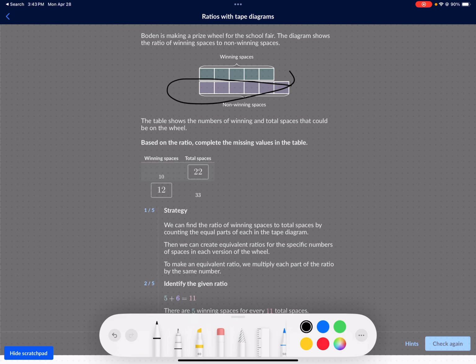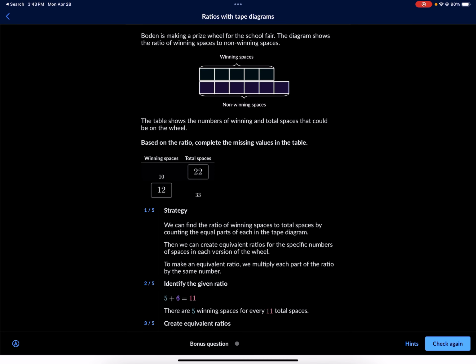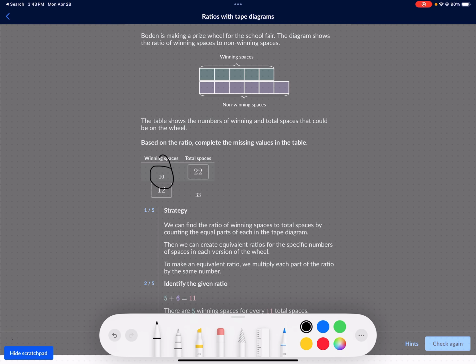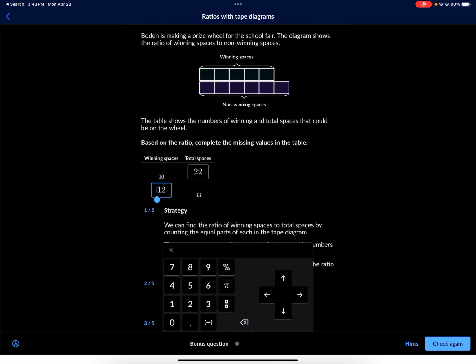So we take our total here and multiply it by 2. So we don't worry about the non-winning spaces. What we're looking at here is the winning spaces. So we have 10. If this was worth 3, then it would be 15. And then for total spaces, it would be worth 22. We got that one right, but not the other one.